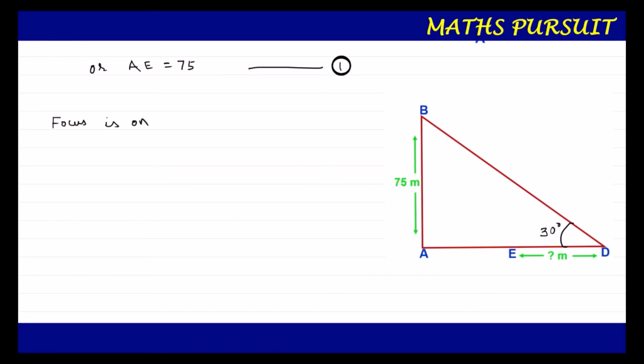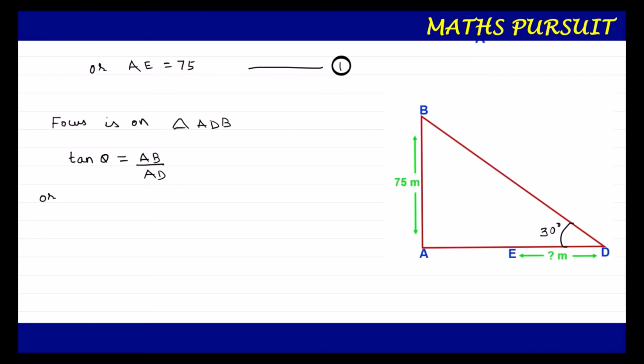Let us put the trigonometric identity of tan theta here. So I can write tan theta is equal to AB upon AD.